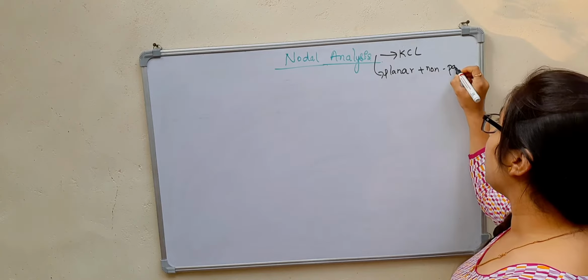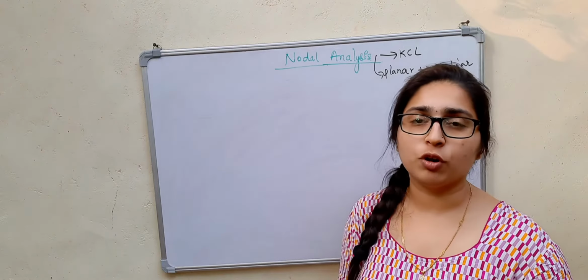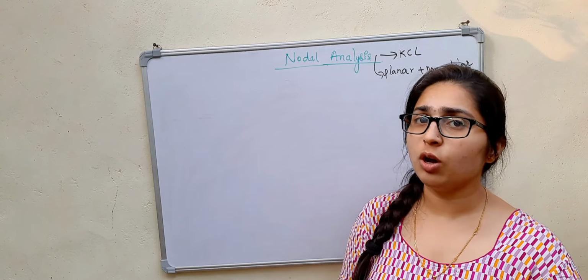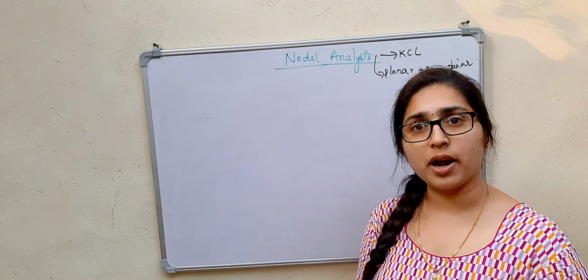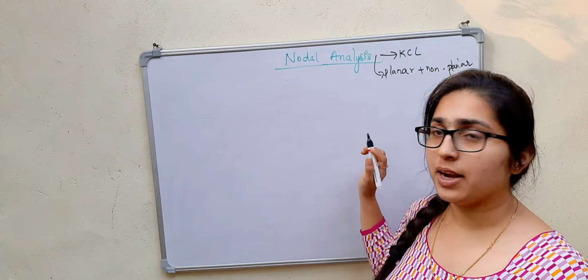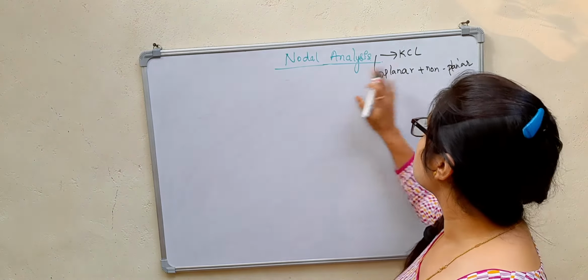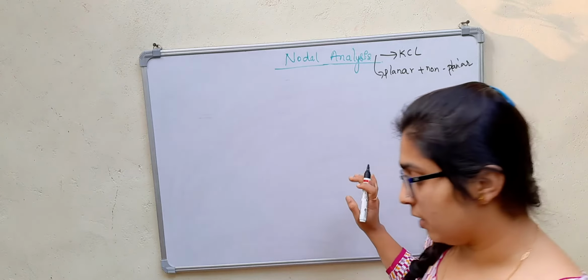But you know that mesh analysis can be applied only for the planar network, not for the non-planar network. Planar network means there will be no crossover branches, but in non-planar there will be crossover branches. So this is mainly based on Kirchhoff's current law, KCL.